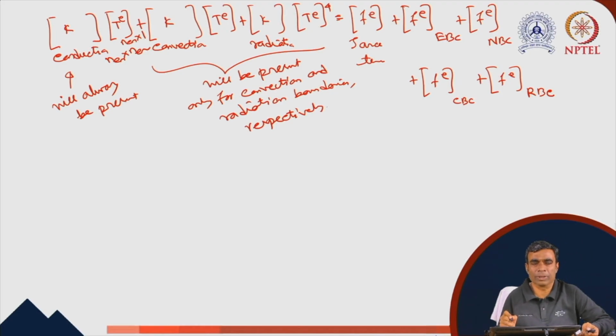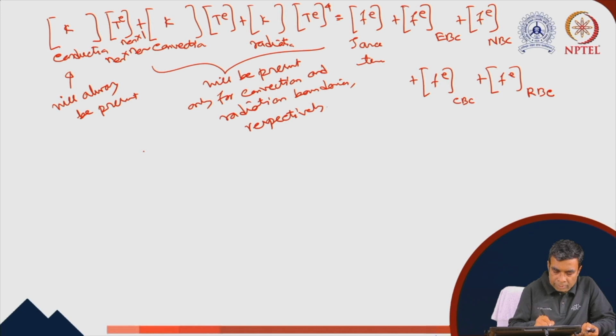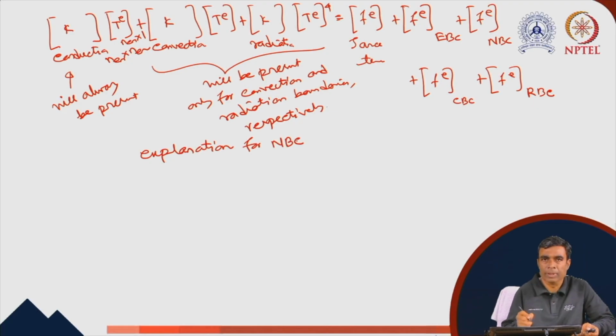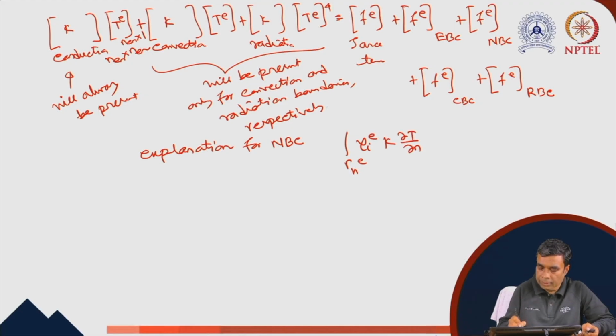Now, let us consider the example of the natural boundary condition. Explanation for NBC. Now, the NBC term was integration over Γ_h^e ψ_i^e k ∂T/∂n dΓ_h^e.